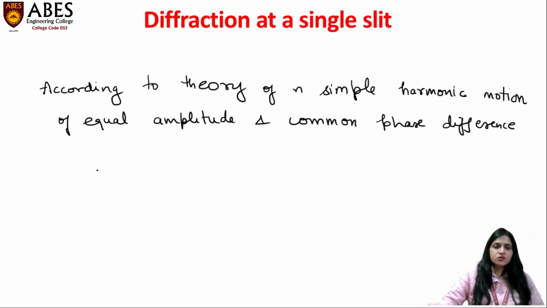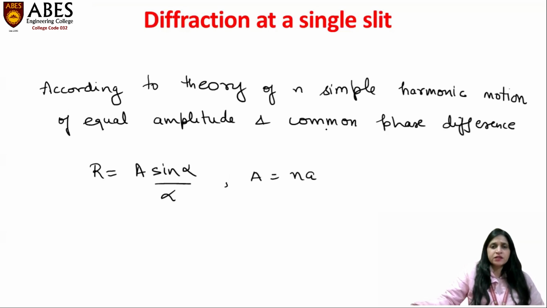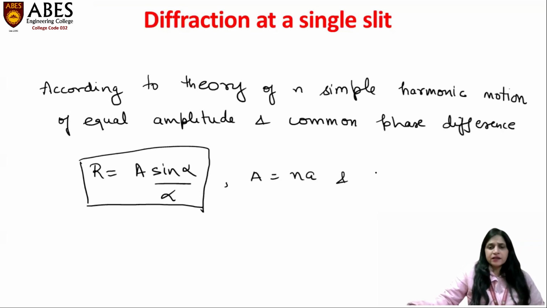R is equal to A sine alpha over alpha. Okay, where A is equal to NA. If we would have calculated by the whole theory of n simple harmonic motion, we would have got the value of R as A sine alpha over alpha, and A is N into a, and alpha is equal to pi a sine theta upon lambda.